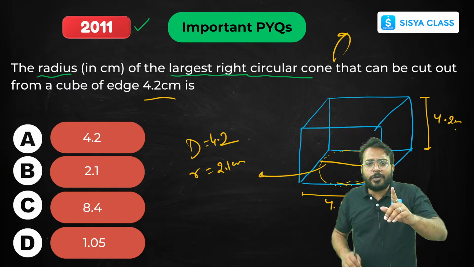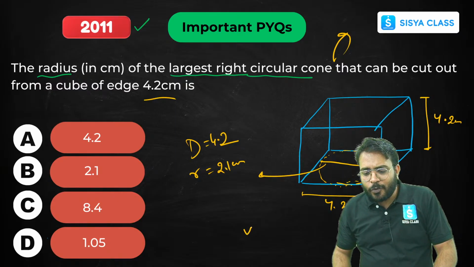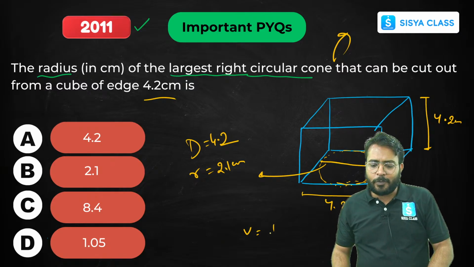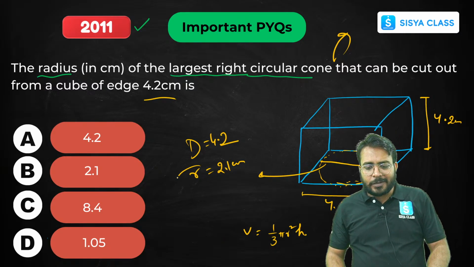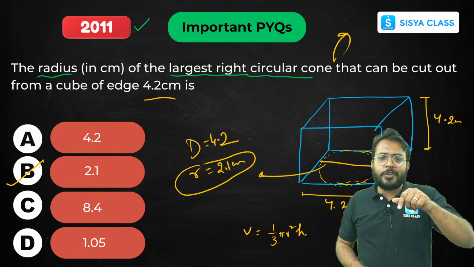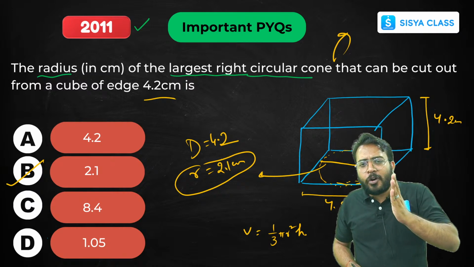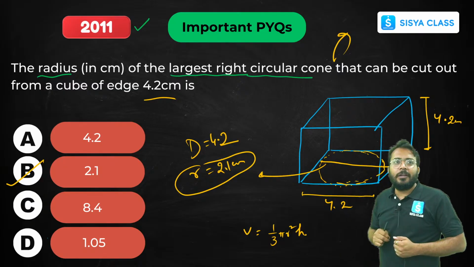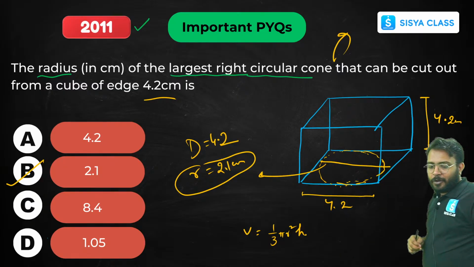So here you need to take the height as 4.2 centimeter, and next you can also find out the volume of this cone, 1 by 3 pi r square h. You already got your radius, 2.1 centimeter. To find the volume, just substitute your r, and h has to be 4.2 centimeter. This is the figure.